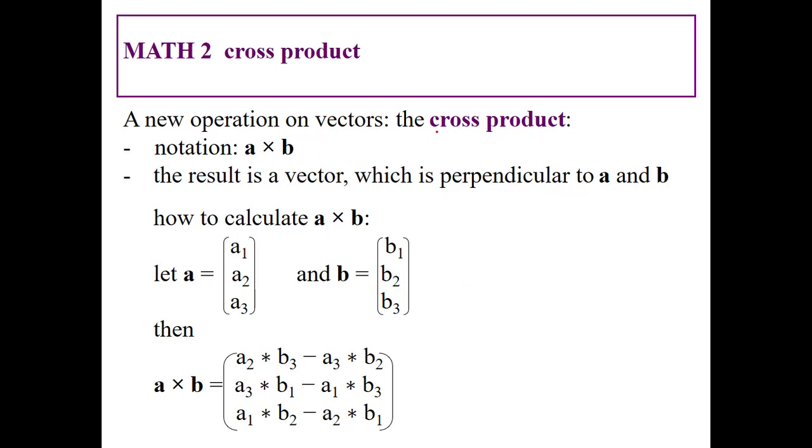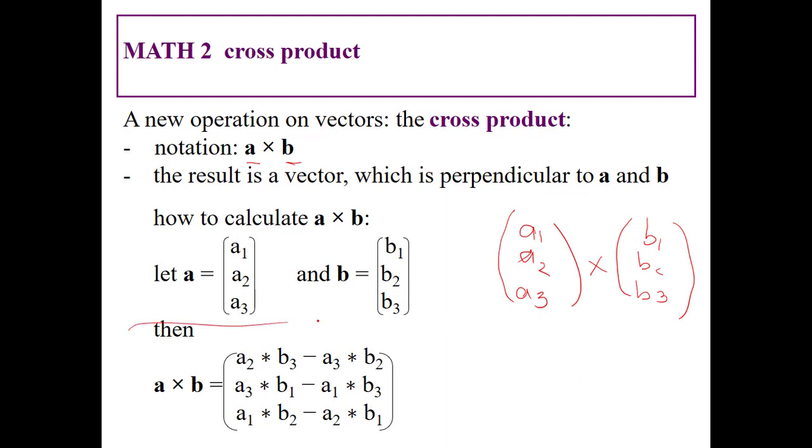Cross product of two vectors will give us a vector perpendicular to both of the vectors used in the cross product. But let's first look at how we need to calculate that one. So if we have a vector (a1, a2, a3) and we need to make the cross product with another vector, we can try to remember the formula, which is given here.